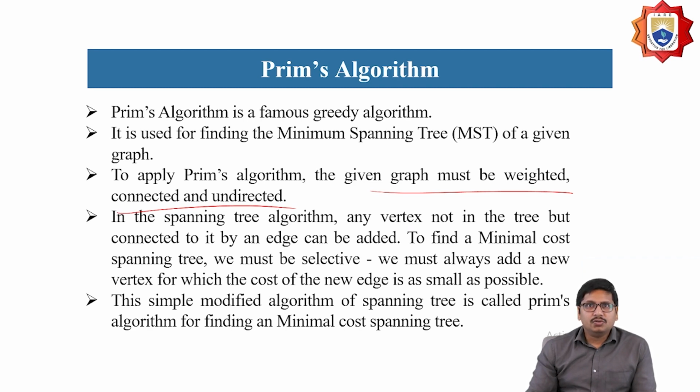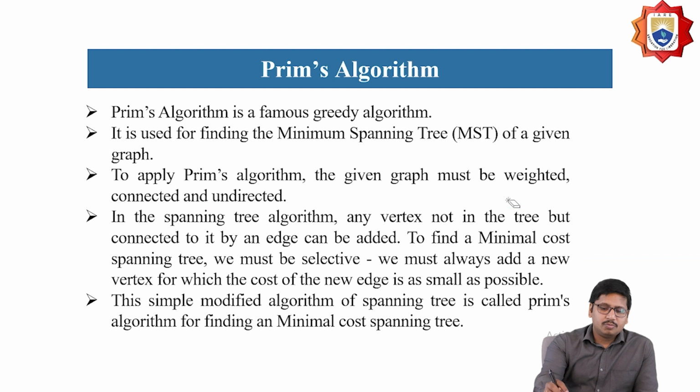In the spanning tree algorithm, any vertex not in the tree but connected to it by an edge can be added. To find the minimum cost spanning tree, we must be selective and always add a new vertex for which the cost of the new edge is as small as possible. The simplified modified algorithm in spanning tree is called Prim's algorithm for finding the minimum cost spanning tree.